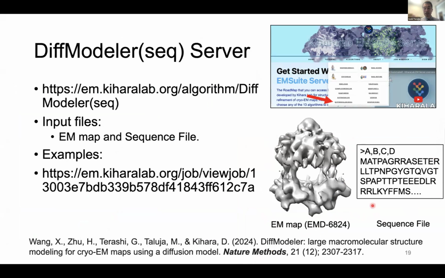Then by using this sequence, our server searches the most related protein structure from the AlphaFold database and also the PDB database. Once our server finds the related protein structure, it fits into the density map. This is the DiffModeler sequence server. So if you don't have a structure, please try to use this DiffModeler sequence server.